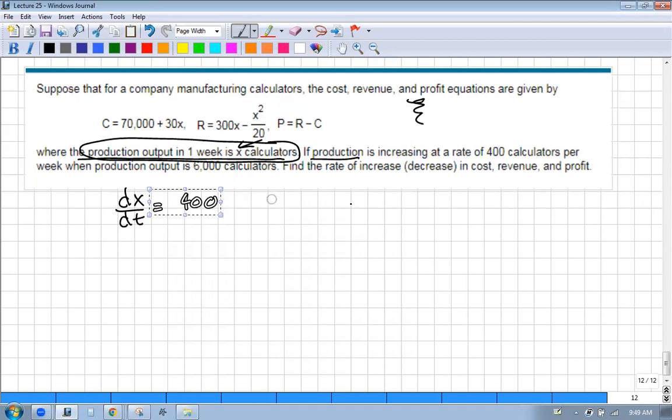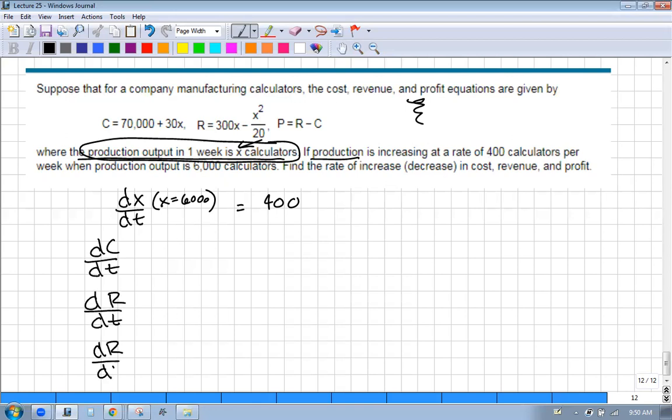Not always, that's only true when the production is 6,000, okay? So dx/dt is a function of time, it's different all the time, but when production is 6,000, the change in production is 400. Find the rate of increase or decrease in cost. So the change in the cost with respect to time, rate of increase, cost, revenue, and profit. So all you need to do is take the derivatives of these, right?